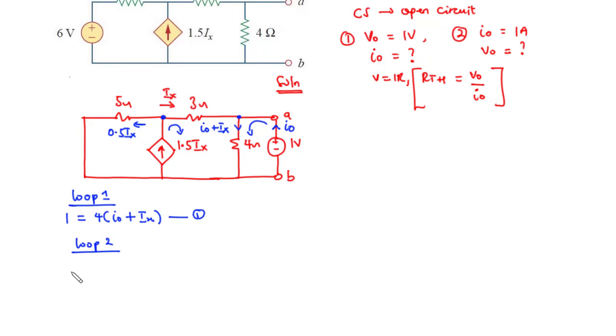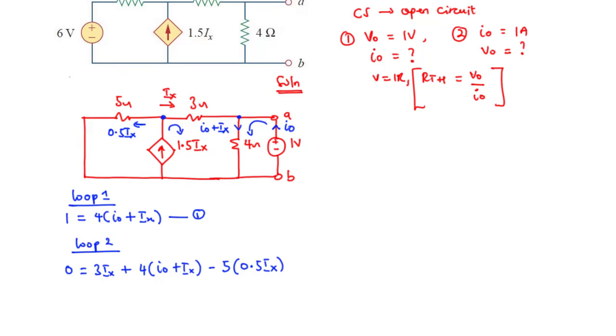So we have 0 equals, taking the clockwise direction, Ix flowing through 3 ohms, so 3 times Ix, plus 4 times the bracket I0 plus Ix flowing through 4 ohms, and then, still moving in the clockwise direction, this direction opposing 0.5 Ix, so it becomes negative 5 times 0.5 Ix.